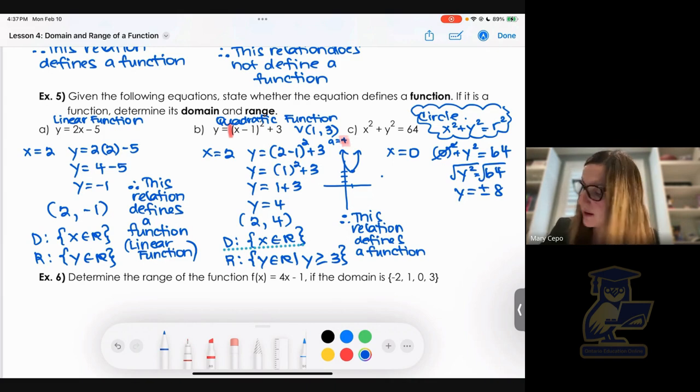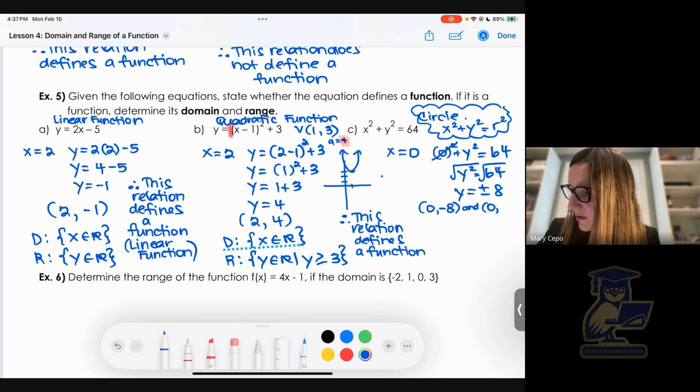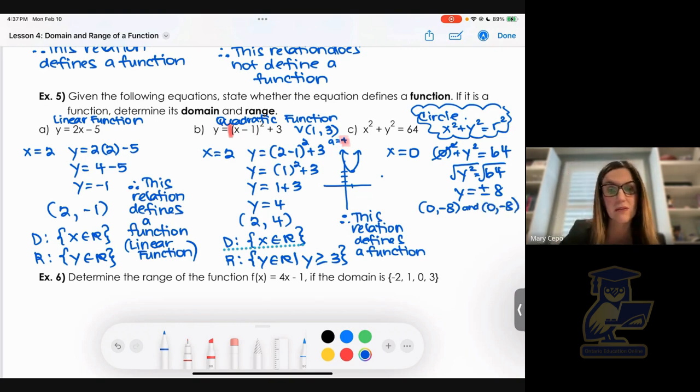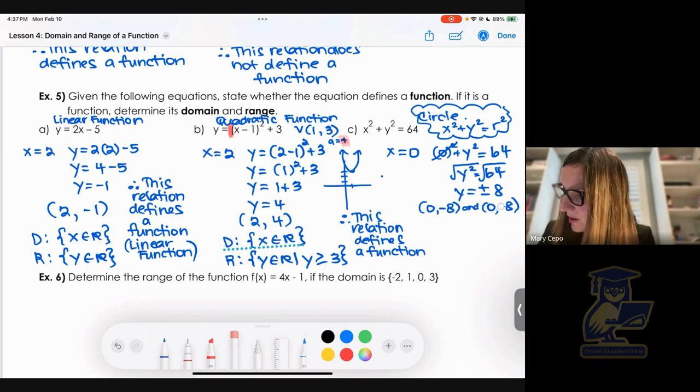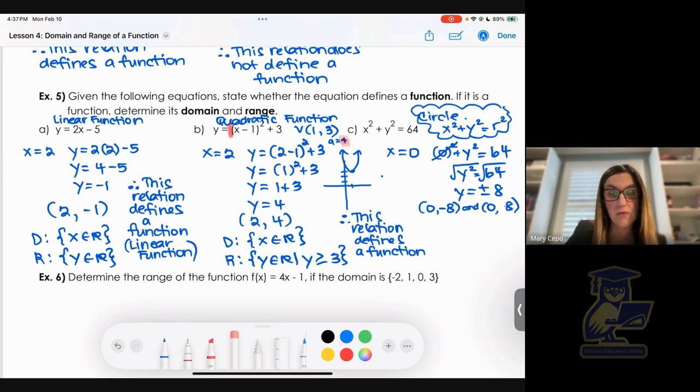So what does that mean? That means when x is 0, I can have a value of negative 8 for y, and when x is 0, y would be positive 8. So there you have one input of x being 0 gave us two values for y. Already it would fail the vertical line test.